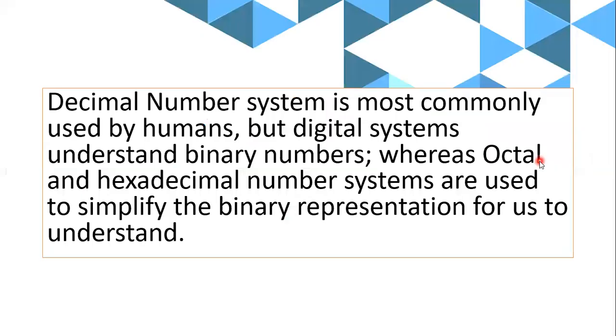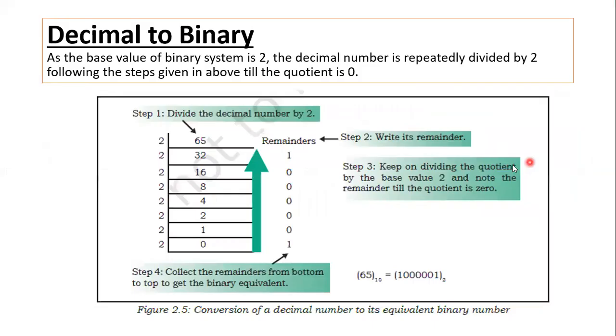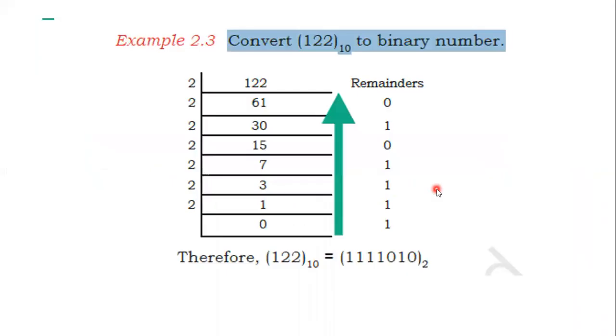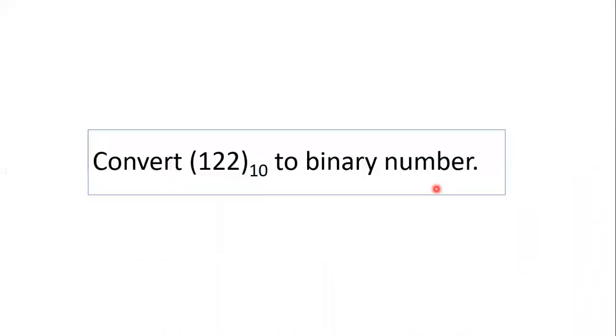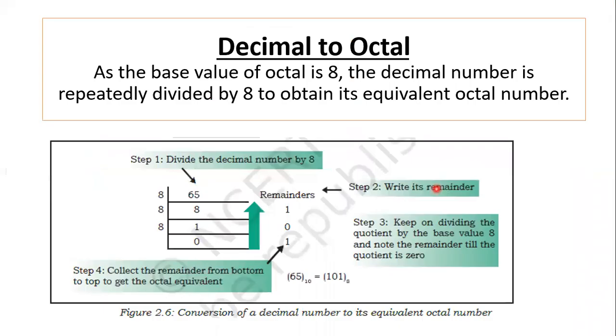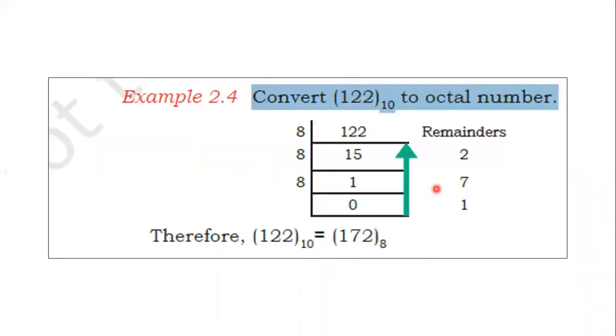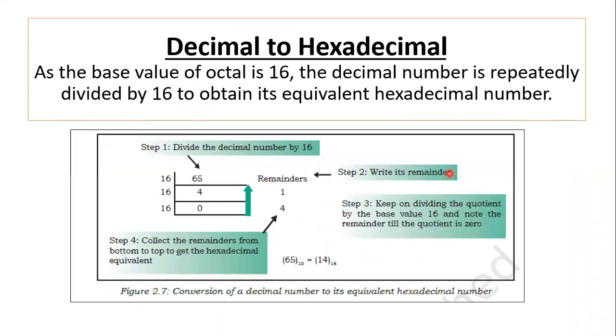Then you saw the conversion between number systems from decimal to binary, how to do it, bottom to up. Then we had done some practices. You can go back to that particular video and re-practice it if you require.